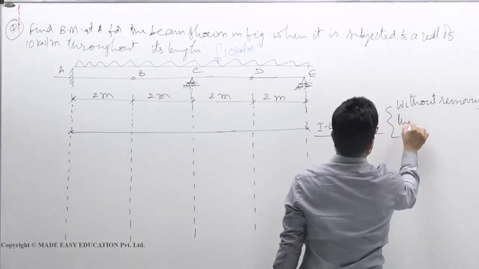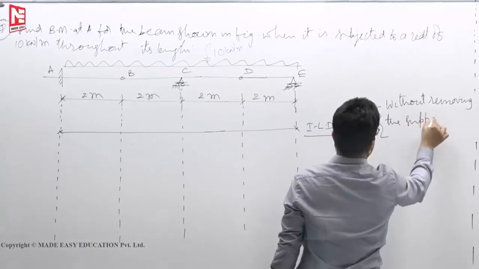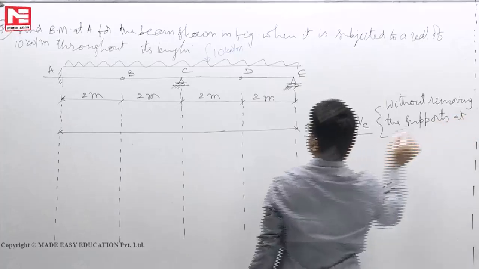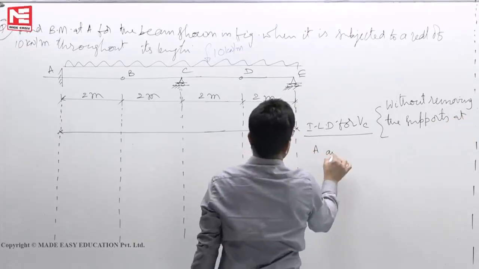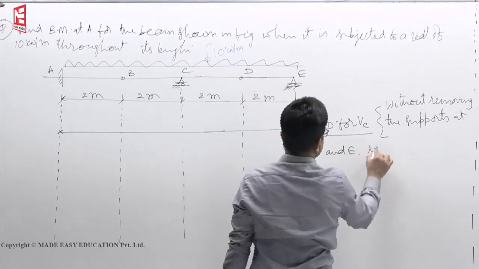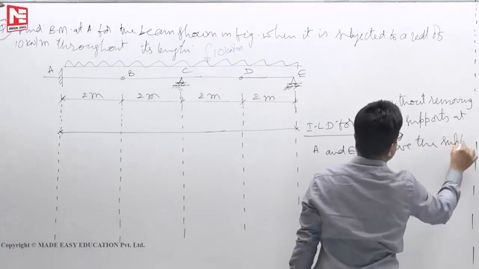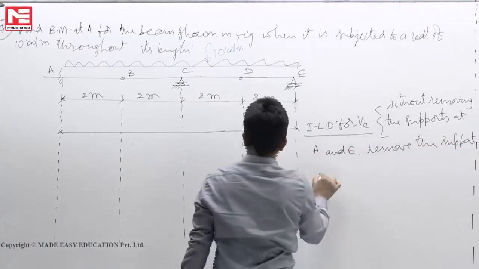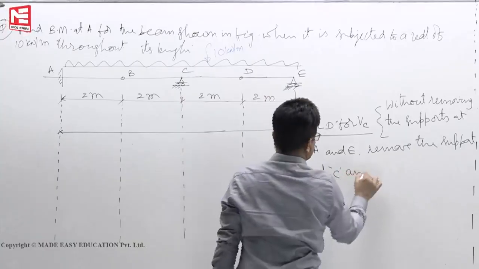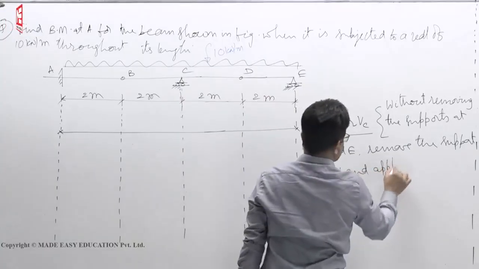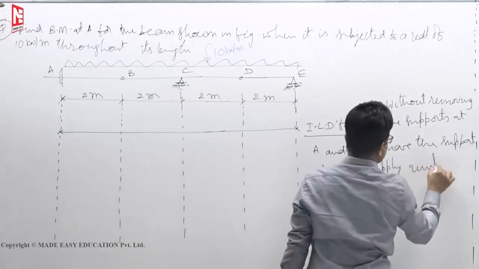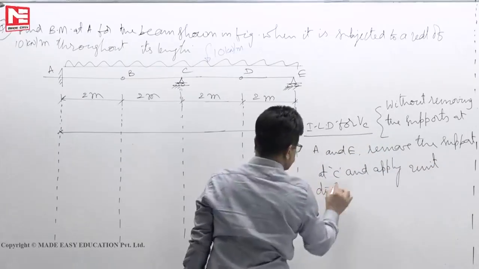Without removing the supports at A and E, remove the support at C and apply unit displacement.